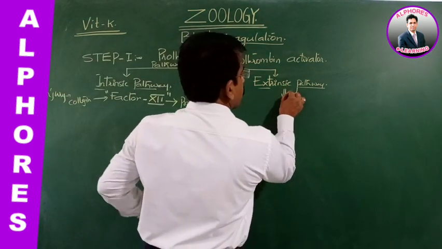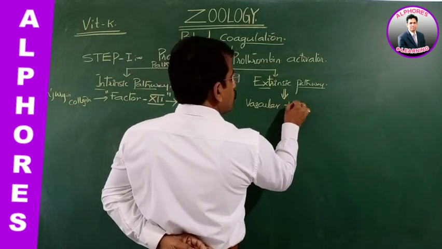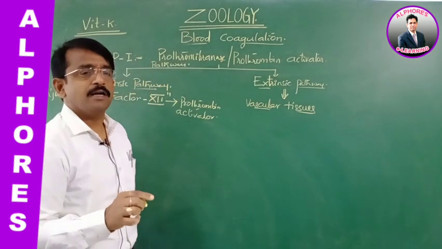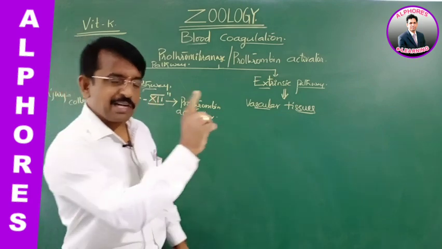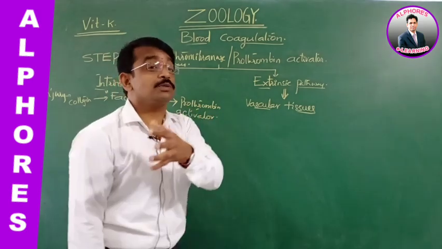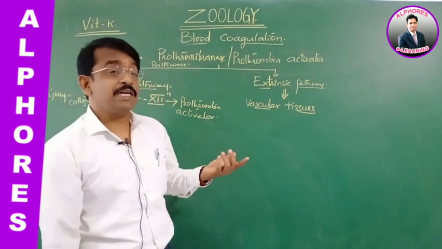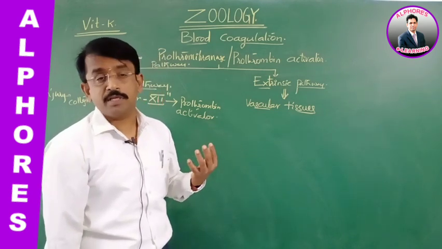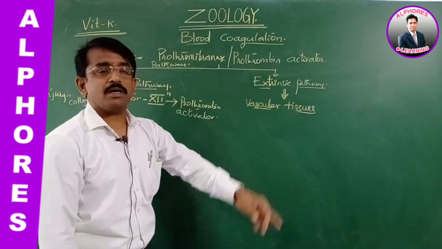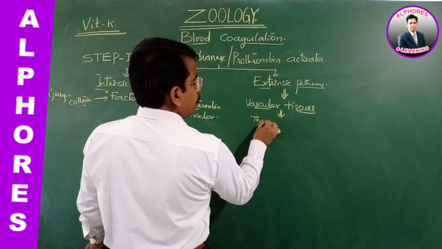Next, the extrinsic pathway. When vascular tissues get an injury, what do you mean by vascular tissues? They are the tissues of body parts and organs. When you get an injury, sometimes the blood comes out. But sometimes there is internal bleeding and damage that isn't seen externally. So the extrinsic pathway is an injury to the vascular tissues, which stimulates the synthesis of thromboplastins.